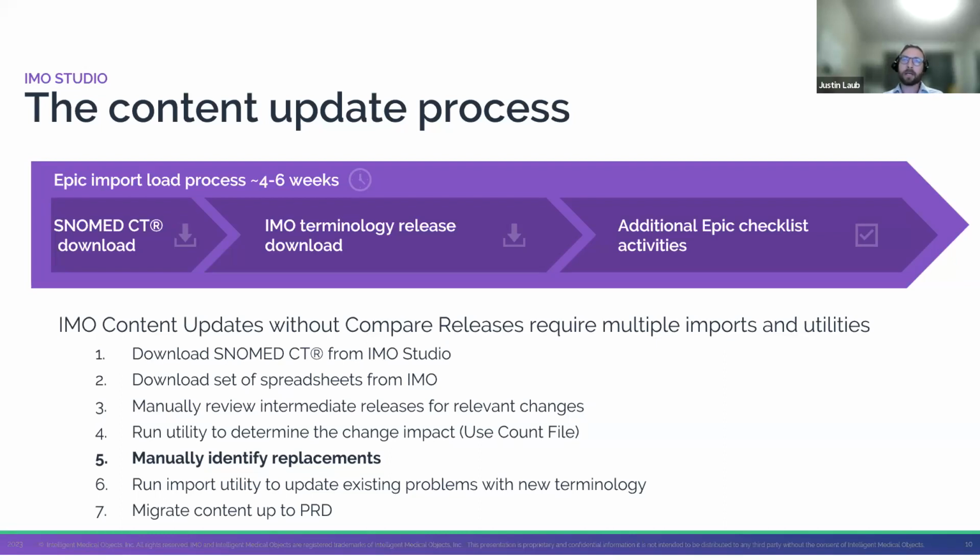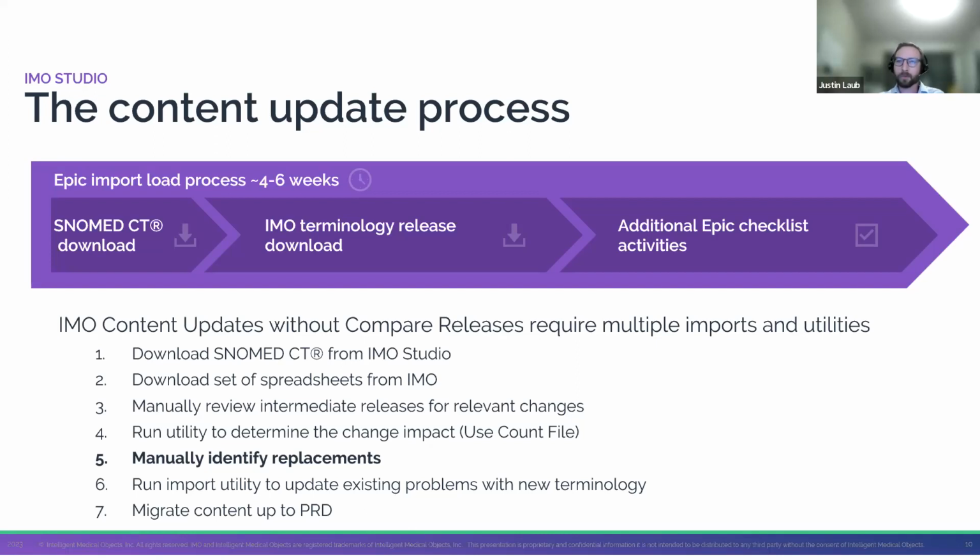Looking at an IMO content update process from an IMO Studio perspective, we're looking at the load process, that big 4 to 6 weeks number, and all these various steps involved: pulling the SNOMED file, various spreadsheets from IMO, and a lot of manual review to track down and figure out the relevant changes between the last IMO release you took and the one you're preparing to import.